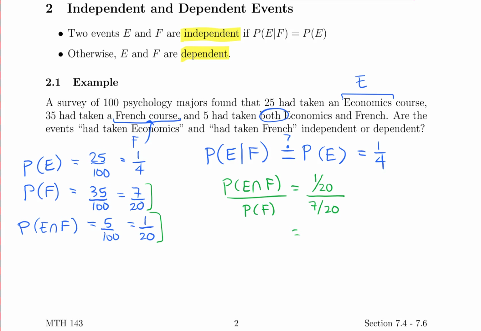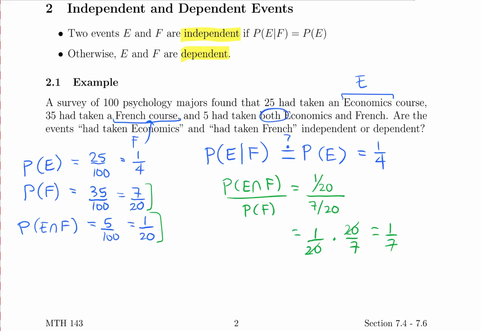Simplifying the fractions, we have 1 out of 20 times 20 out of 7, because remember, division is multiplication by the reciprocal, and 20 divided by 20 is 1, and so we get 1 in 7.